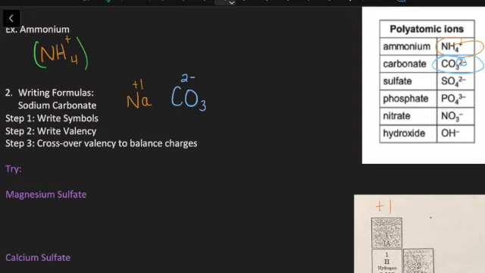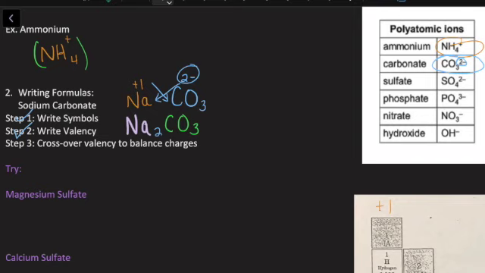Okay, so we've written the symbols, we've written the valency, and now we have to cross over. Okay, so now we're going to have Na. Let me write it under it, that might make a little more sense to you. Na2, because of this 2, and CO3, and we have to keep that together.